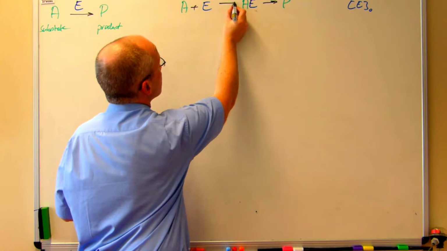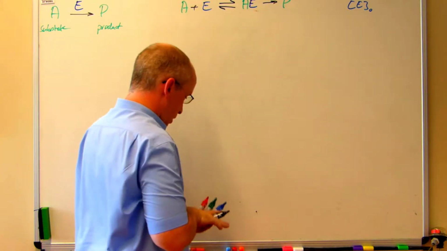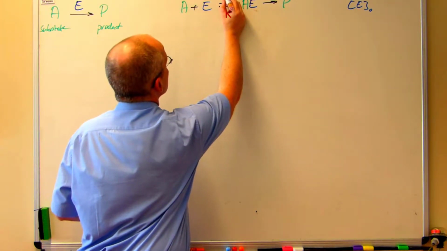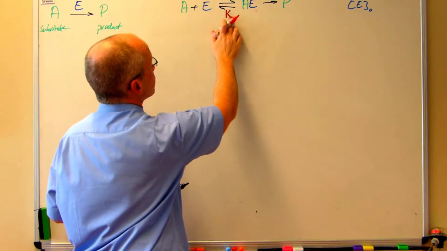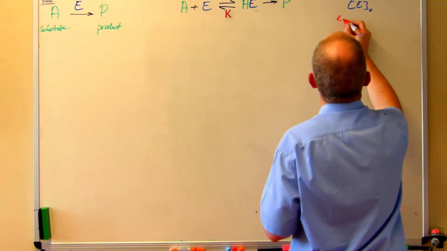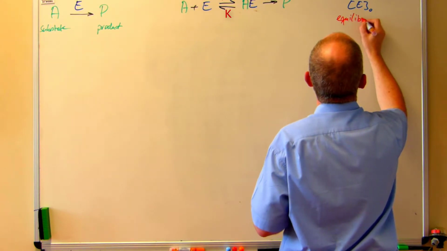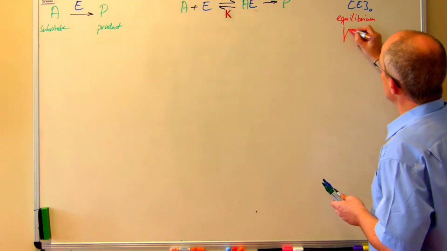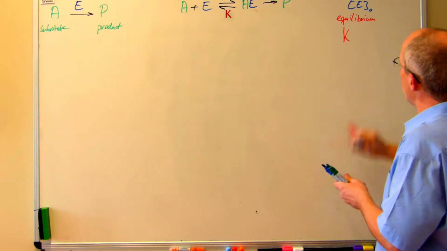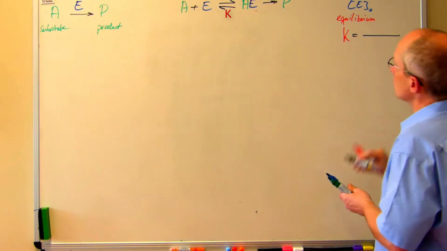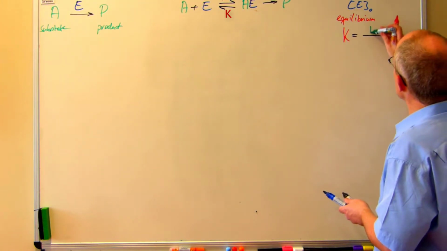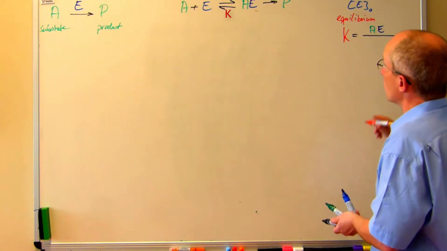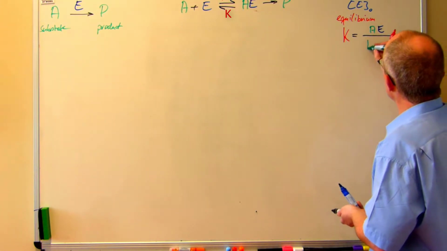So this is to be in true equilibrium, with the following implication: if these two are in equilibrium at all times, then I can write down that K at all times will equal this concentration ratio. So I can write down an equilibrium equation for that, which holds true for all times.